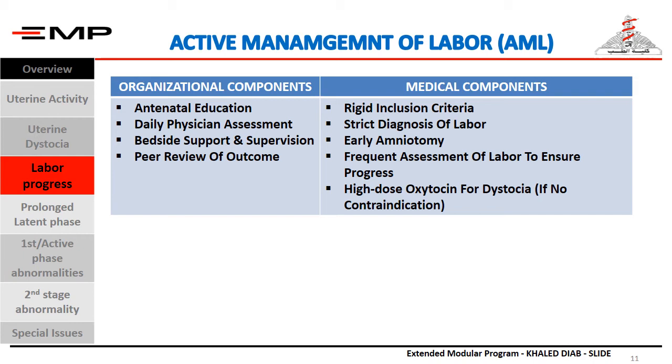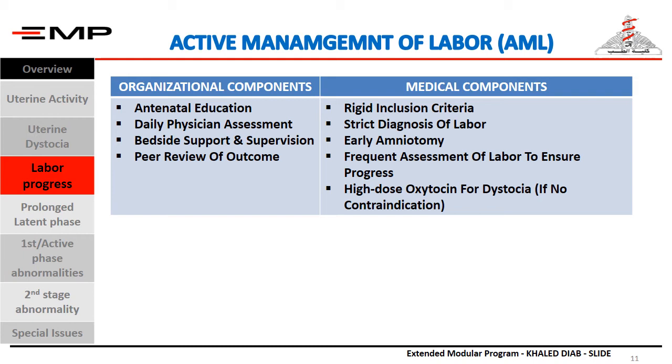Active management of labor is a system designed to ensure labor progression and intervene to decrease dystocia, particularly in the first stage. The benefits of shorter labor and reduced maternal and neonatal infection rates, without concomitant increase in other maternal and neonatal morbidities, are proven benefits.